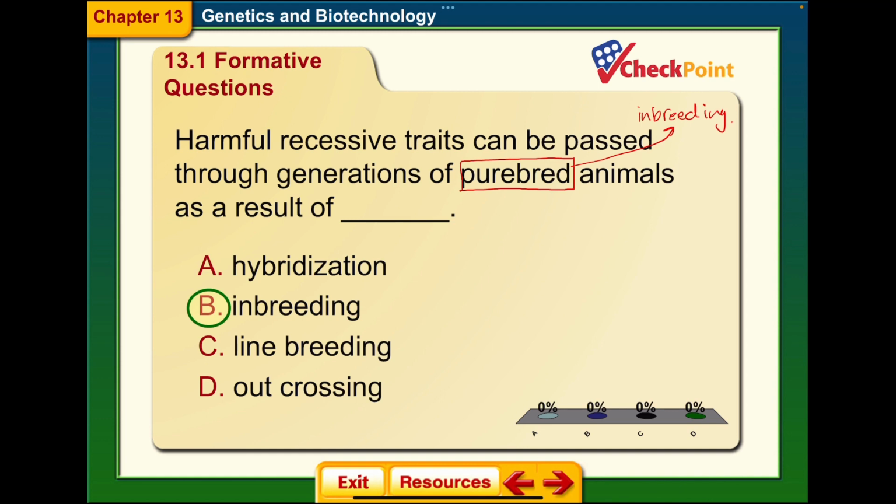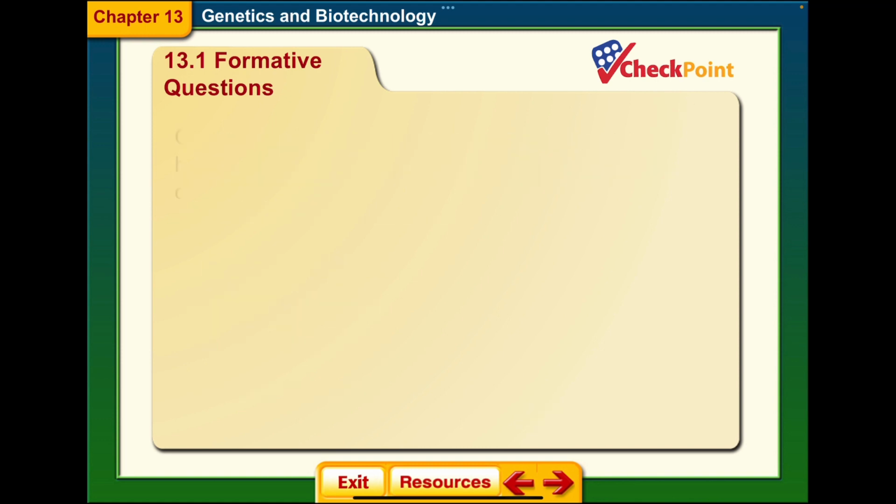So harmful recessive traits can be passed through generations of purebred as a result of inbreeding. Because when we inbreed, we get to eliminate the unwanted traits and we ensure the desired traits. We maintain purebreds, but a disadvantage is we get these recessive traits because we're constantly breeding from the same breed. So recessive traits can happen more often.